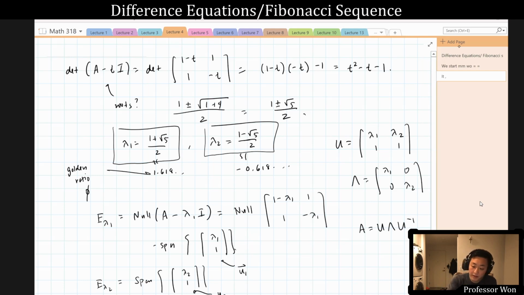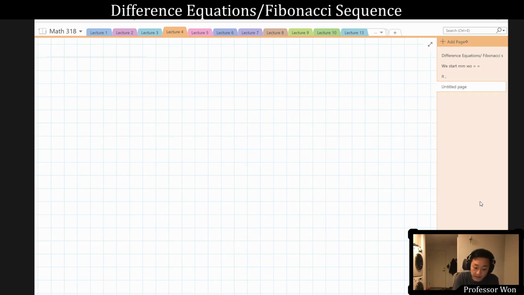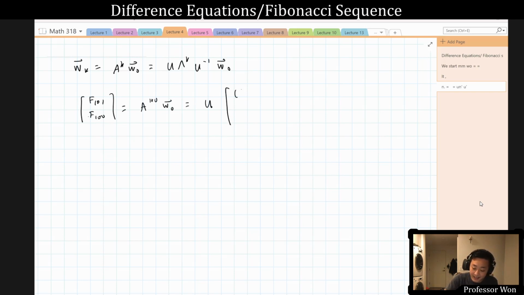So if you are interested in F_100, then you can instead compute W_100. W_k in general is A to the k W_0, which is U Lambda to the k U inverse W_0. For this particular example of F_100, this is just A to the 100 W_0. So it's U, and then this first eigenvalue to the 100, this second eigenvalue to the 100, times U inverse times (1, 0).